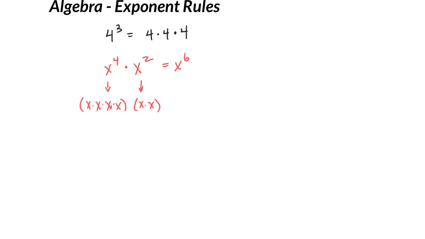So if we said y squared times y cubed times y to the first, or usually we'd write just y, we'd say, well, this is y times y. This is 3 y's all multiplied together, and this is just one more y. How many total y's do we have being multiplied together?